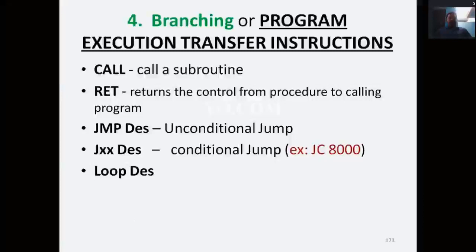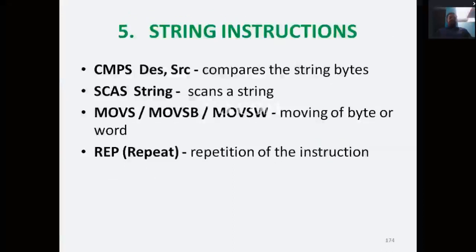Then branching instructions or program execution transfer instructions: call subroutine, return, jump destination, JXX destination, jump if, that is a conditional jump, loop destination.